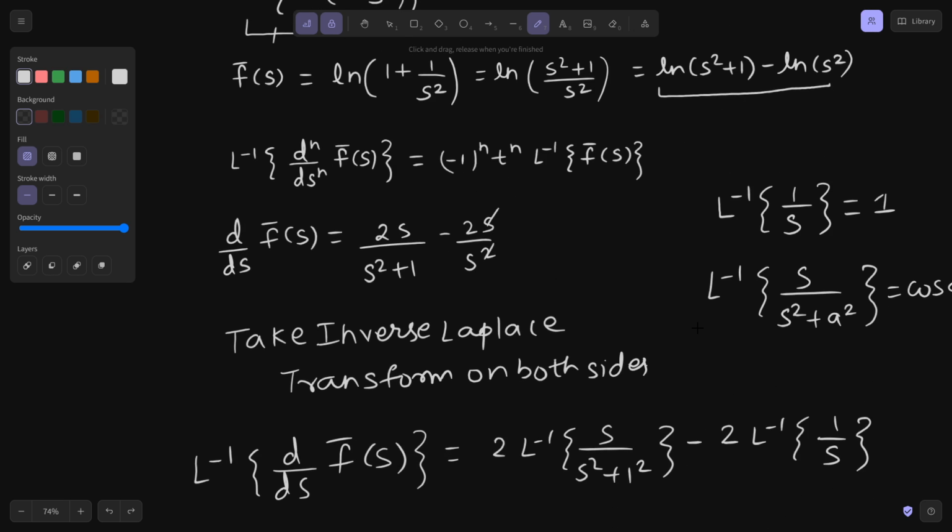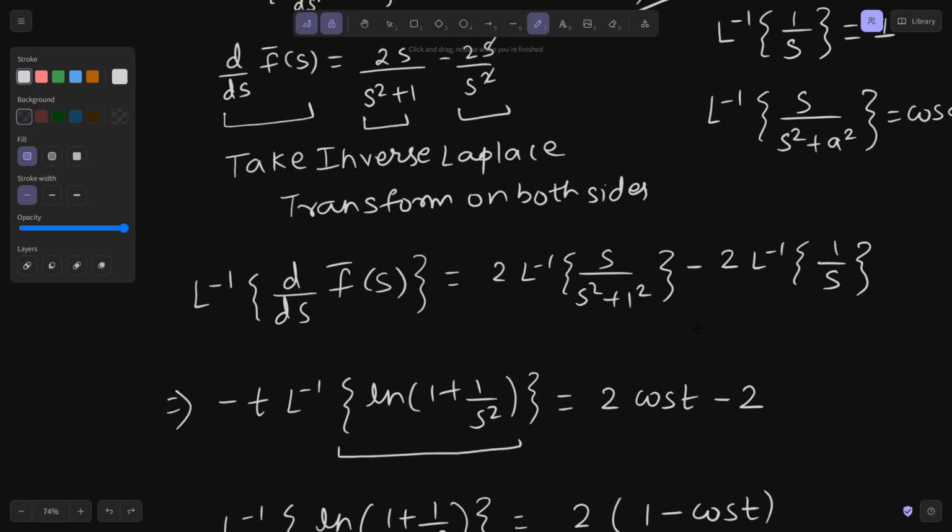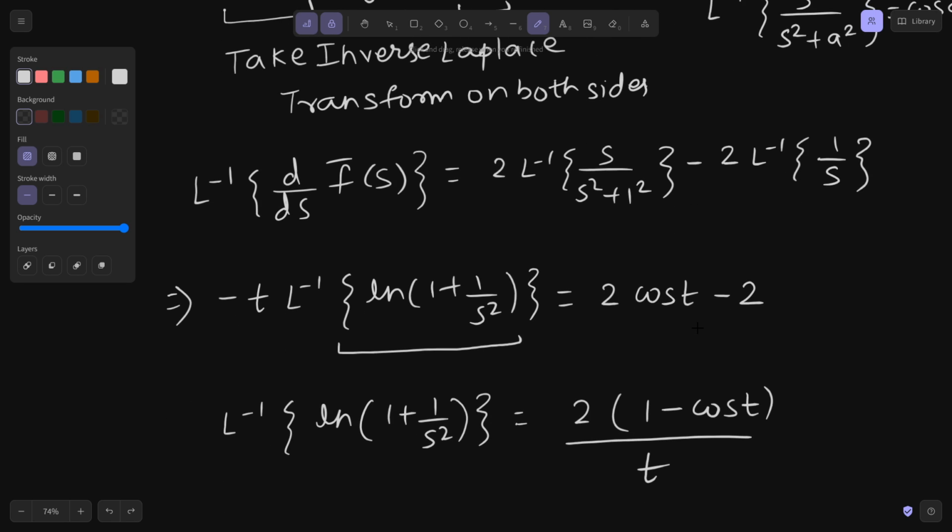So in the LHS we just apply the formula, and in the RHS we know the individual inverse Laplace that we can calculate. So the LHS uses the formula, and the RHS you can simplify using individual formulas. And now because you want this, take this minus t to the other side, and there you get your answer. So that's it for today.